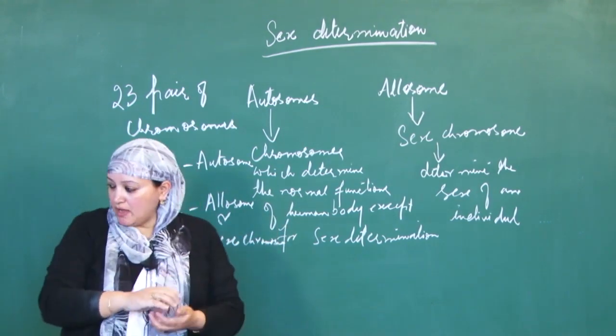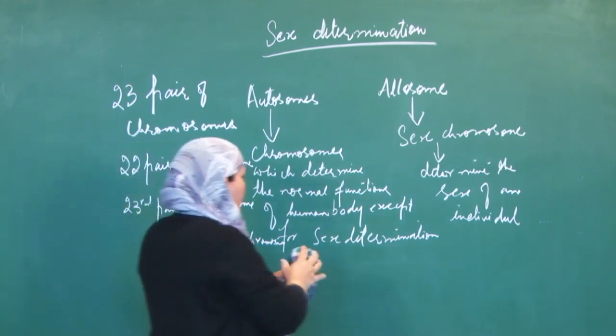So there are 23 pairs of chromosomes in the human body.